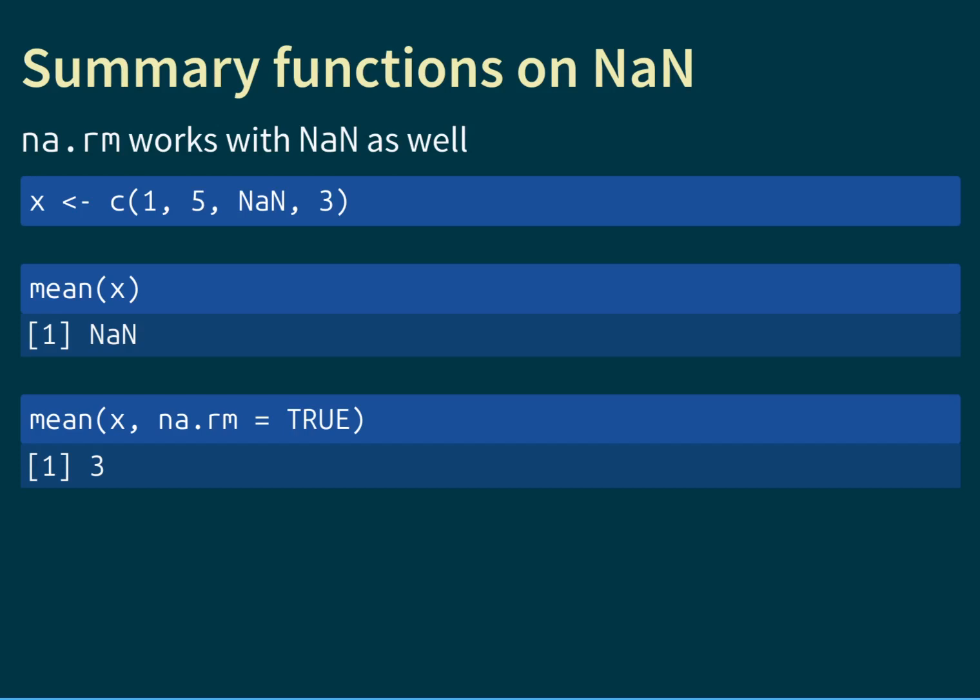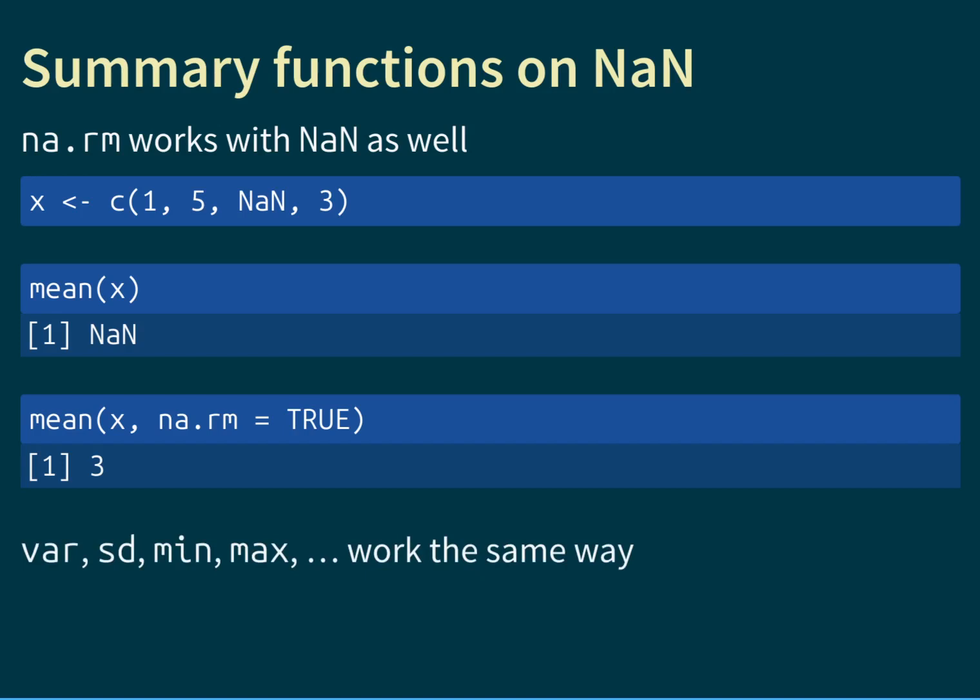The ignorance about that number, the absence of knowledge, gets propagated through. And we have to handle this explicitly, but we handle it explicitly in exactly the same way as we did it with NA, namely just add the na.rm equals TRUE argument to the mean function. That will make it explicit that we want to ignore NaN values as well as NA values, and then we get the result that's 3 because it is the average of 1 and 5 and 3.